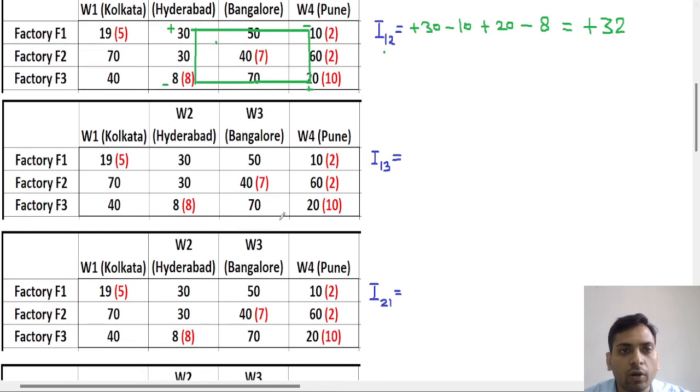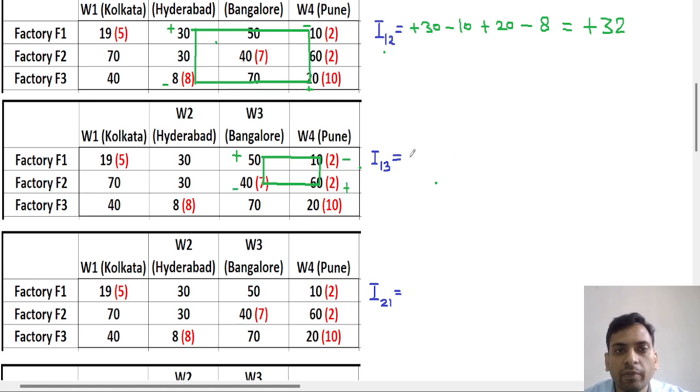Now the second block is this. We will put plus and again we will draw the loop towards occupied vertical, towards occupied horizontal, and towards the starting point. So in this case, we will write this plus, this minus, this plus, this minus.